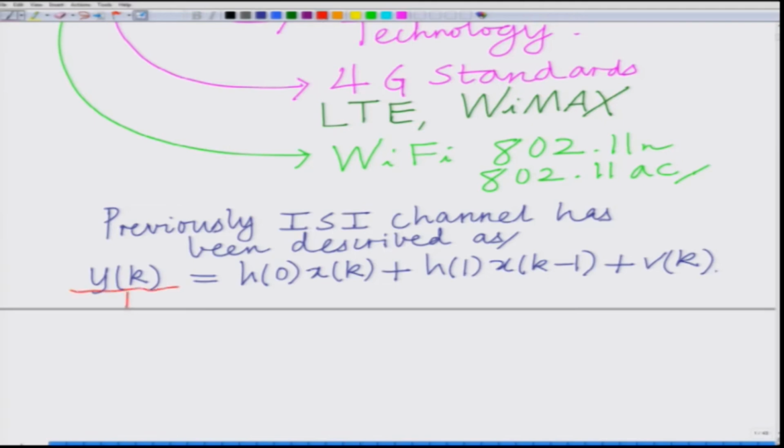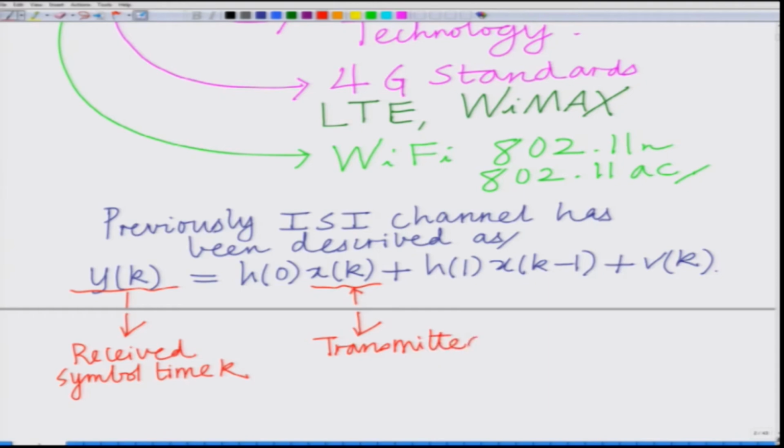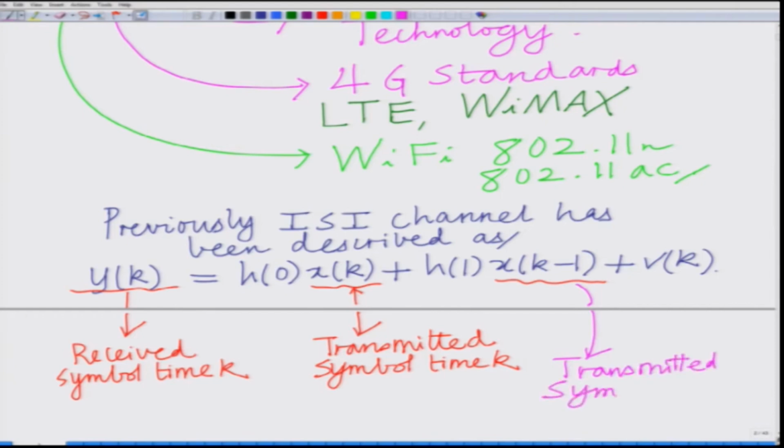Yk is the received symbol at time k, xk is the transmitted symbol at time k, and xk minus 1 is the previous symbol, the transmitted symbol at time k minus 1.